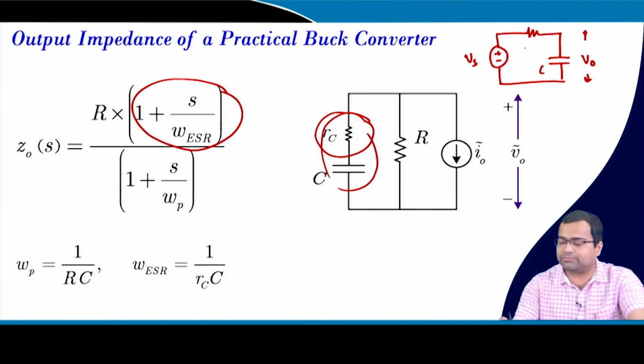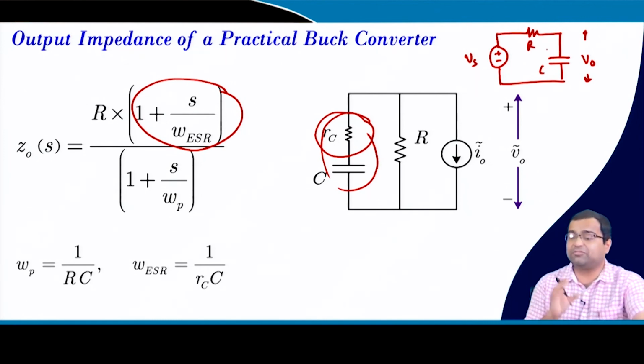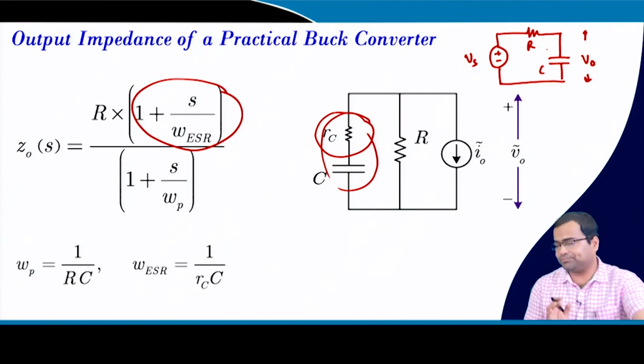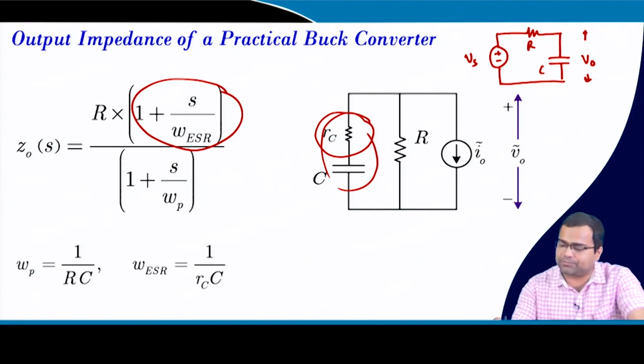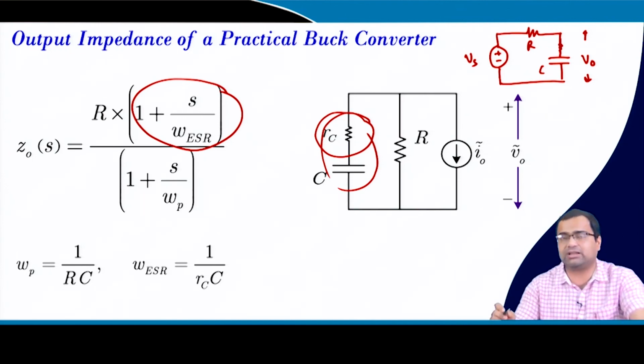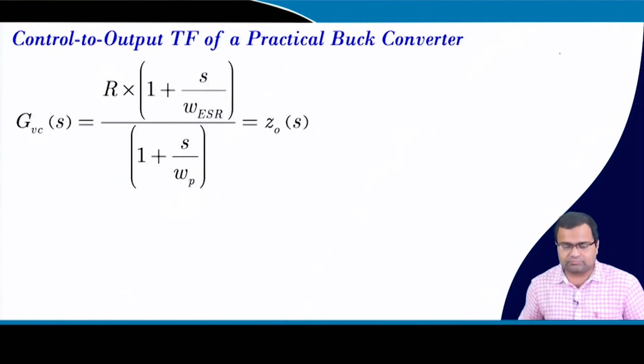If you obtain the transfer function between V0 and Vs, you will get only a single pole, no 0. But suppose you introduce a resistance in between, then you will get 1 0 and 1 pole. Okay. And this is exactly what is happening here.